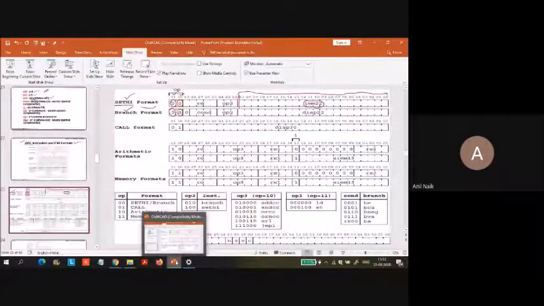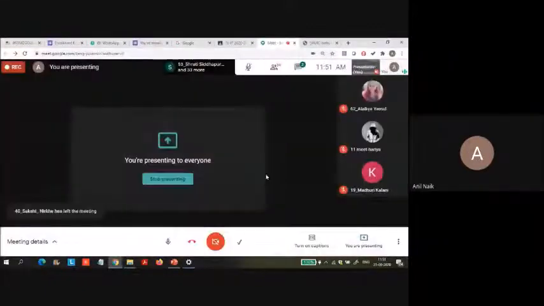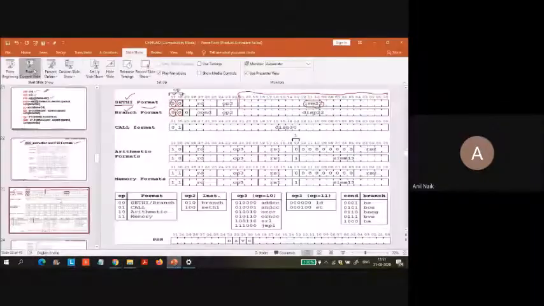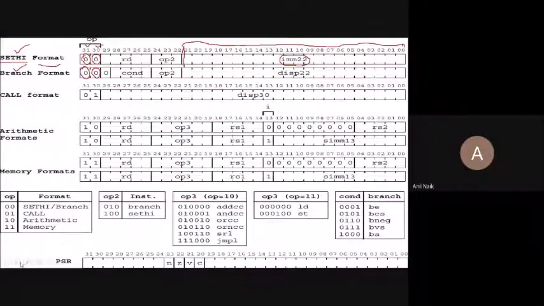The one concept you have understood is that if the 30th and 31st bit positions are 0 0, then it is a set high or branch format instruction.